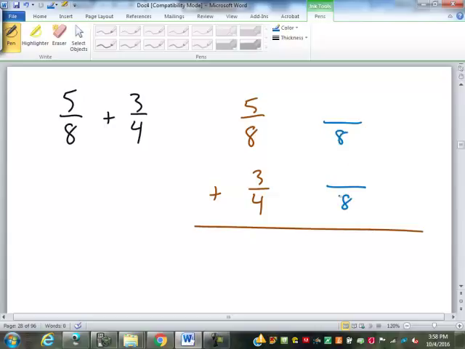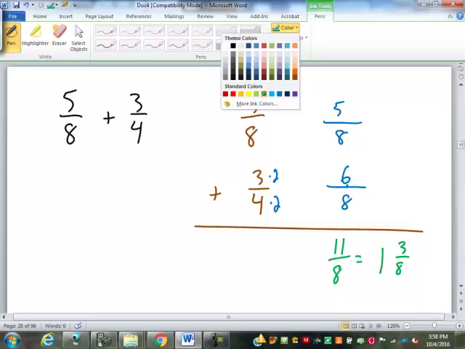Remember, it's always possible for one of the denominators to be the least common multiple. So this will stay 5/8 because we didn't change the 8. This is going to become 6. Good. 4 times 2, so 3 times 2 is 6. Then we add 5 plus 6 is 11/8, which reduces to 1 3/8.